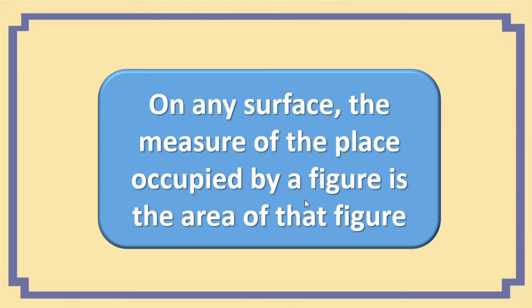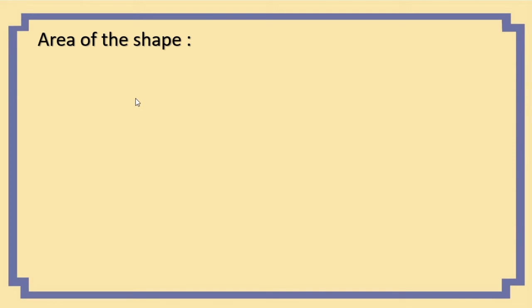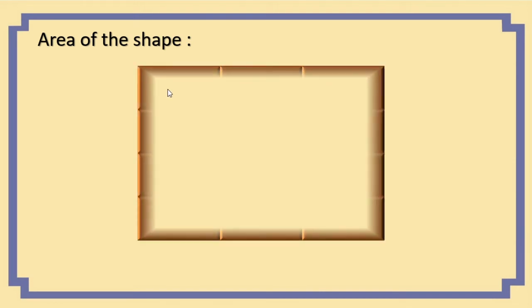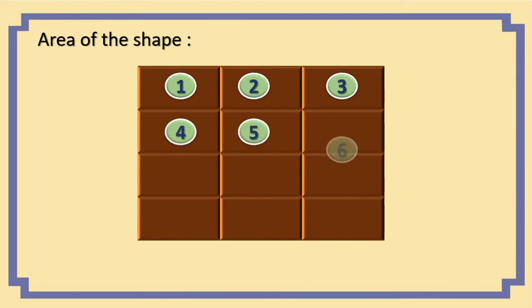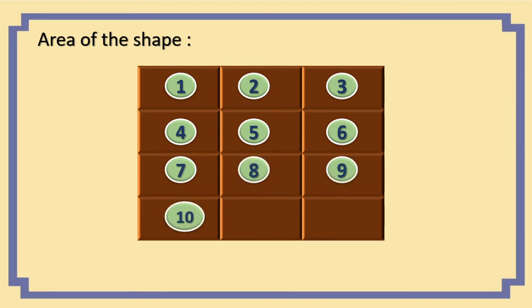Okay, we will go through some more examples. Area of the shape. See here again a chocolate. Here we will number the squares. See, this is number 1, 2, 3, 4, 5, 6, 7, 8, 9, 10, 11, 12.